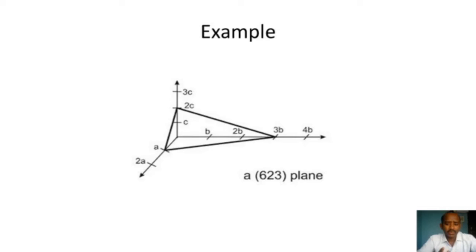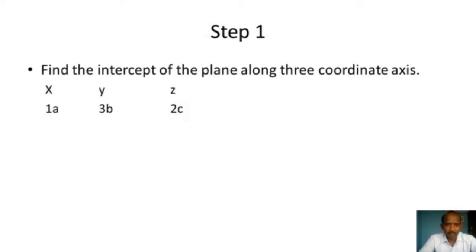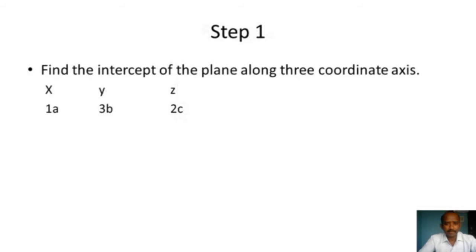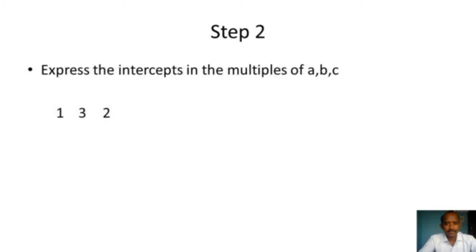Now, in step 1, find the intercepts of the plane along the 3 coordinate axes. That is, along the x-axis it is A, along the y-axis it is 3B, along the z-axis it is 2C. So we have to identify the intercepts along those particular axes.